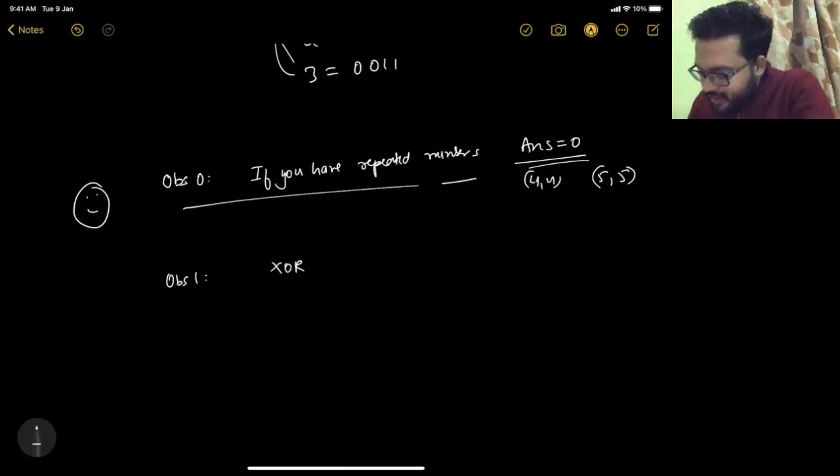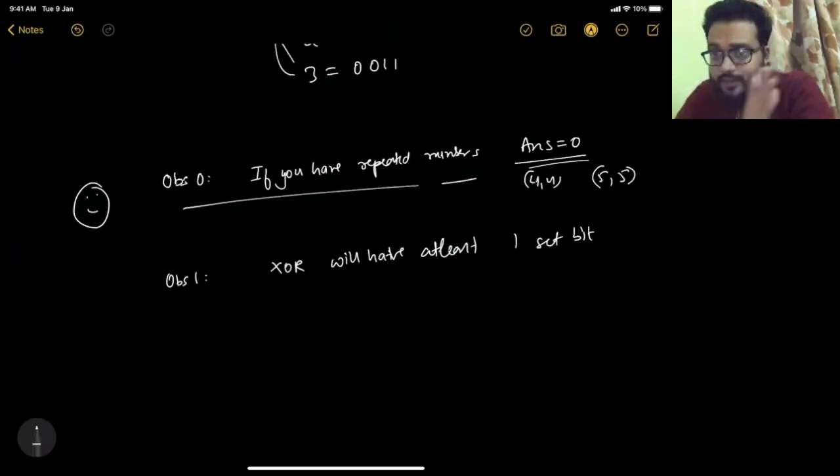Observation 2. If I know that there is at least one bit which is a set bit and I want to minimize my XOR, how many of you understand I need to find the set bit that is rightmost, as right as possible? How many of you appreciate this? I know there will be at least one set bit.